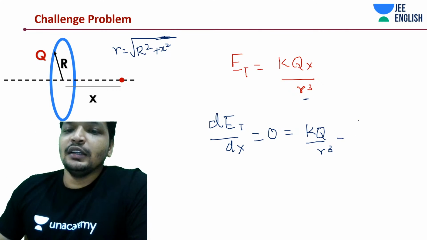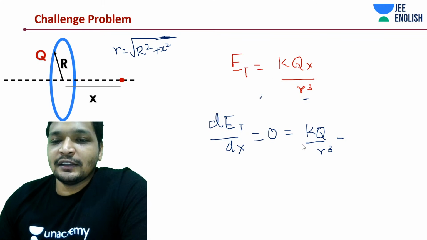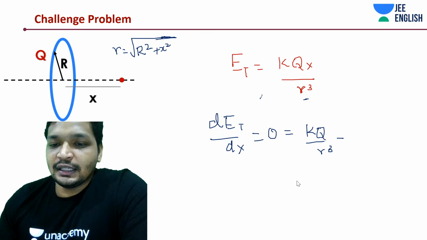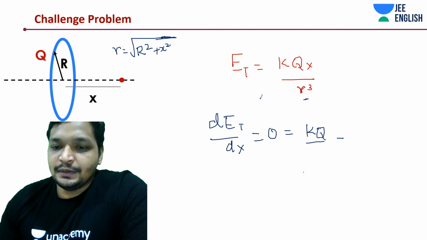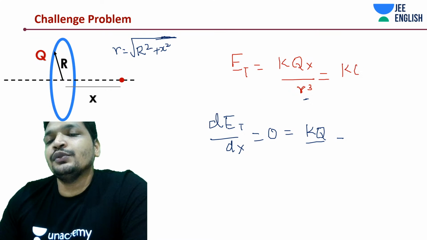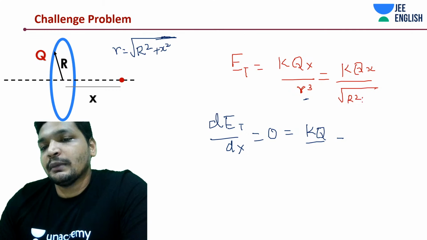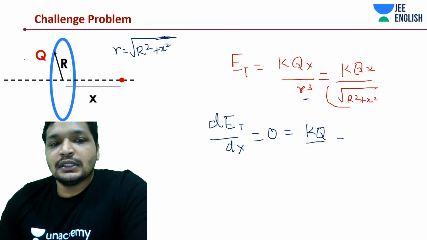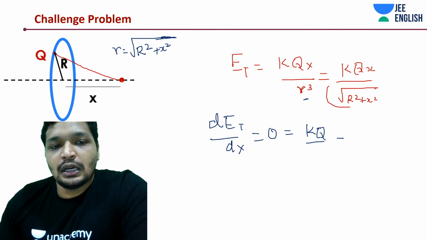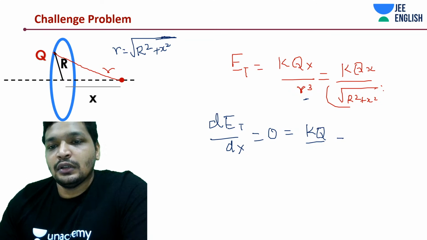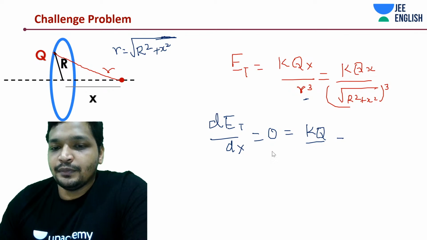I think it would have been better if I wrote it down like this, a little easier for understanding: kq x divided by r square plus x square, which is the distance, whole cube.